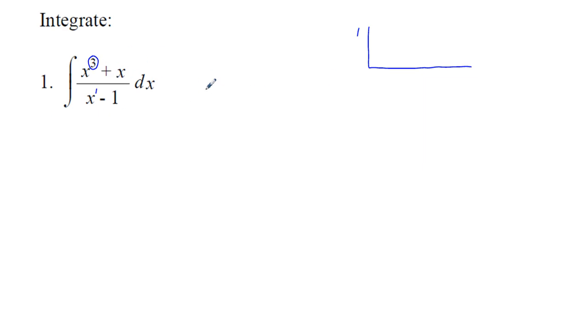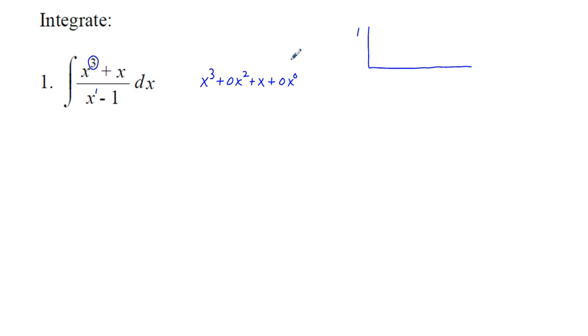So we have x to the third power plus 0x squared plus x plus 0, x to the 0 power, which would be the number situation.